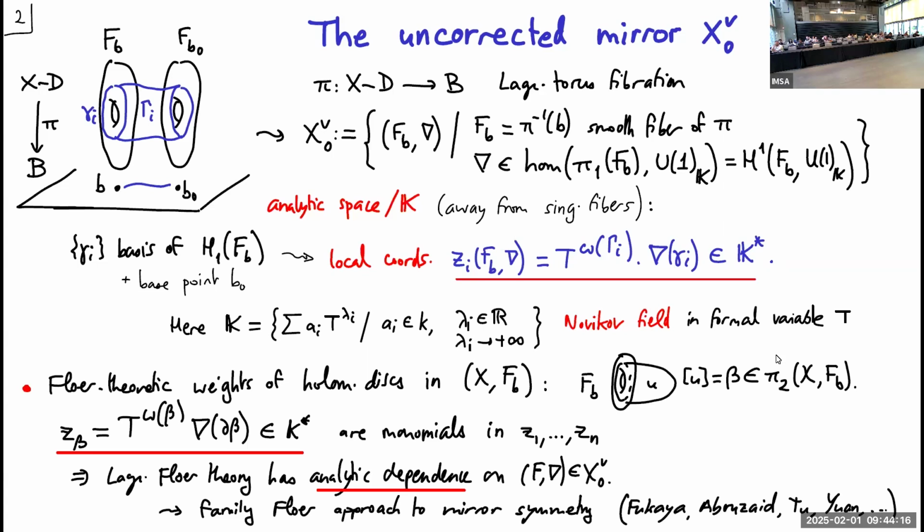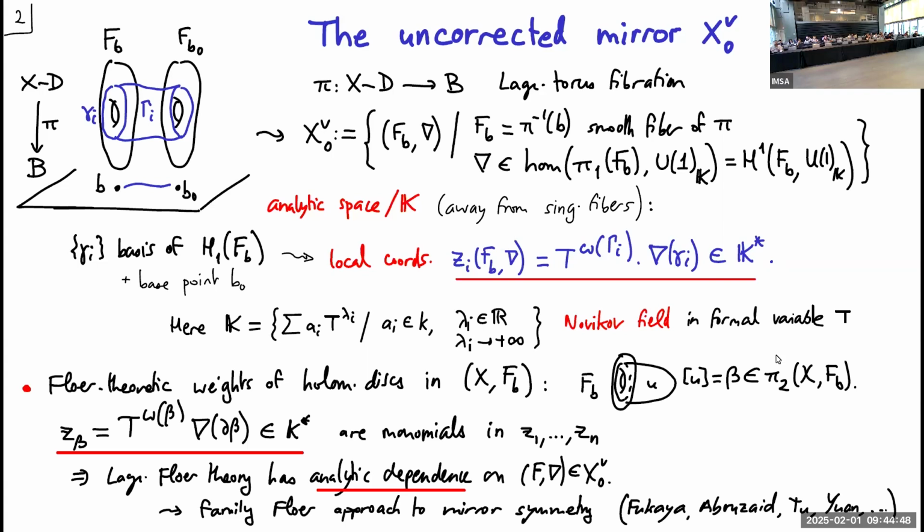So a consequence of that is that Lagrangian Floer theory of the torus fibers equipped with local systems works in families over the space X check 0, because you can redo the calculations for every possible object of the Fukaya category that's there. And automatically, things will have analytic dependence on these coordinates of where you are in your moduli space of objects.